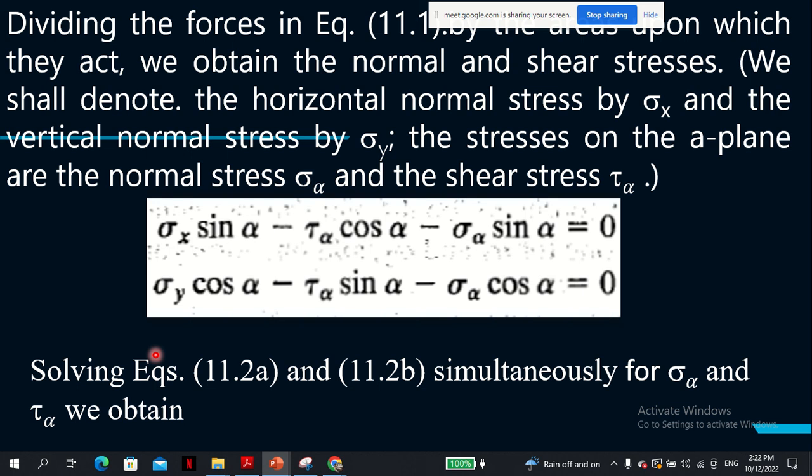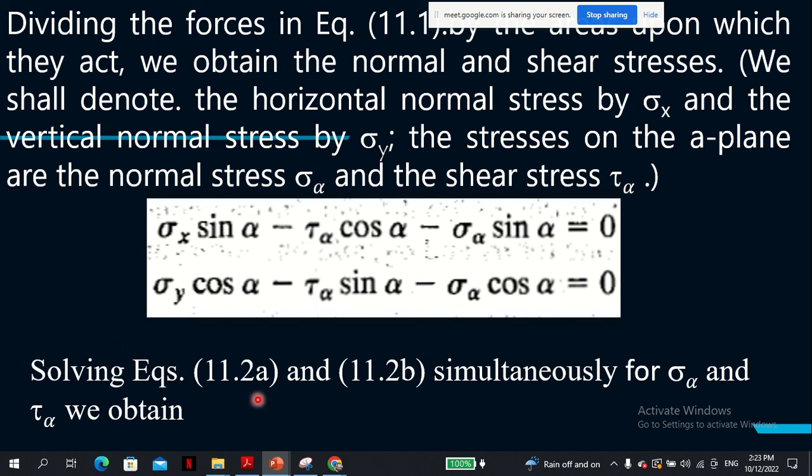I'm sure you do a lot of mathematics in civil engineering, so you should be able to figure out how the answers are obtained. A hint is from trigonometric identities. Just to give you a hint, these are two equations, but we need to express them in terms of sigma x and sigma y, because that's the most important thing.